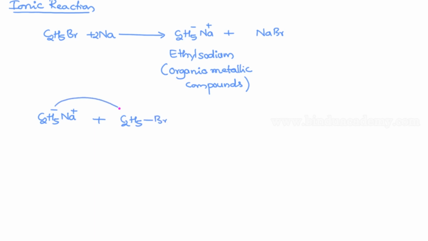Now this negative charge will interact with this carbon containing Br atom, and Br atom gets eliminated out, and by that we can get here C2H5 bond CH2 then CH3. And along with that, there is a formation of sodium bromide, NaBr. Now in this case, the 1, 2, 3, 4 carbons are there, they are connected in a chain, therefore it is called as N-butane. N-butane is formed.